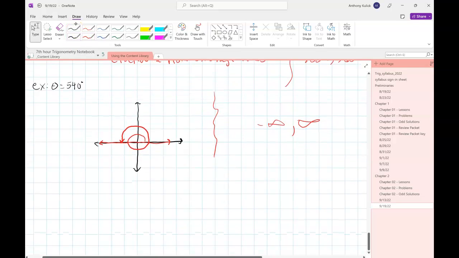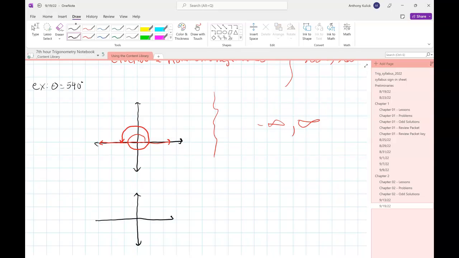That's really cool. Do you notice anything between this 540 degree angle and say a 180 degree angle? If I compare those two, what do you guys think?